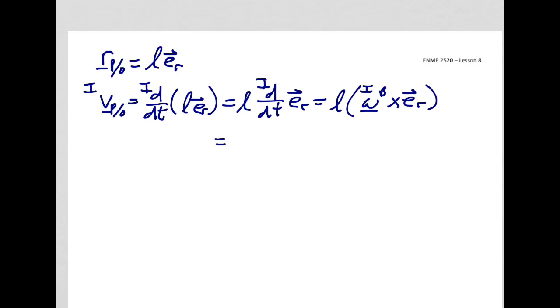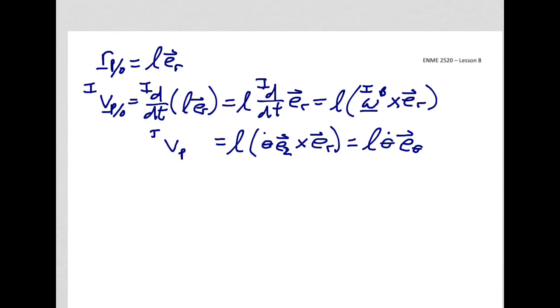So this gives us L, and we substitute in omega B as observed in inertial reference frame as theta dot in the EZ direction, crossed with E sub r. And so that's L theta dot, and EZ crossed with E sub r is E theta. So our velocity of point P, as observed in the inertial reference frame, is equal to L theta dot in the E theta direction.